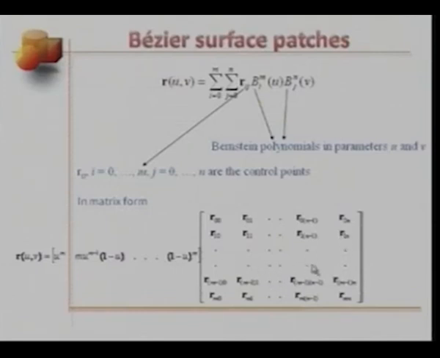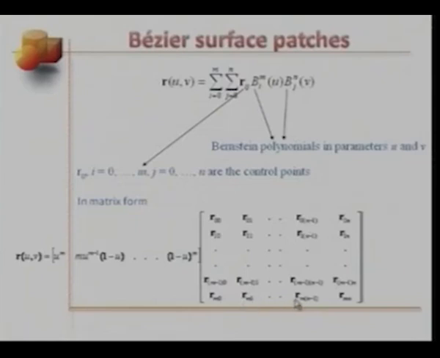and so on until we consider the last but one row with entries R m minus 1 0, R m minus 1 1, R m minus 1 n minus 1, R m minus 1 n, and the entries in the last row will be R m 0, R m 1.